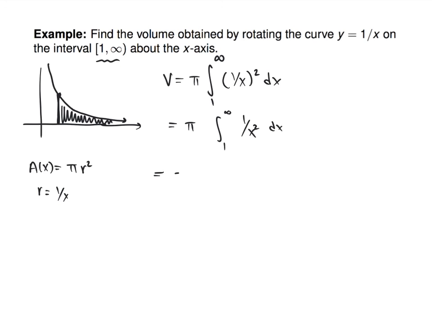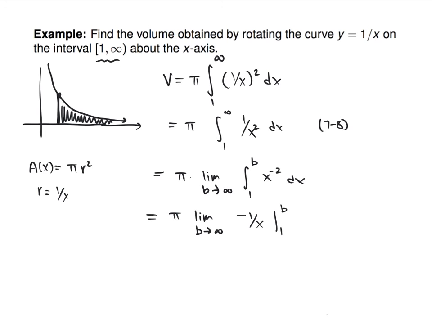So you have pi times the limit as your upper bound goes to infinity, integral from 1 to b, x to the negative 2 dx. But it's a pretty easy example of one of those integrals from section 7-8. What's the antiderivative of x to the negative 2? Negative 1 over x. Great.